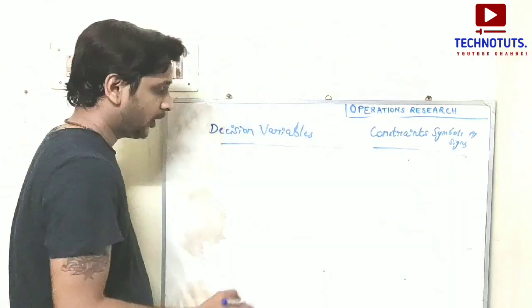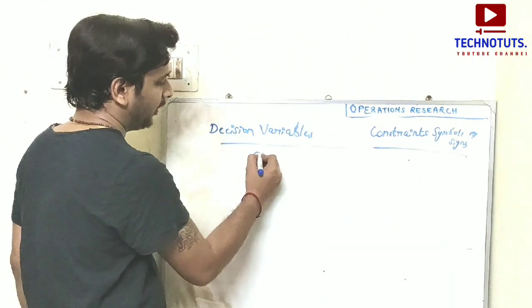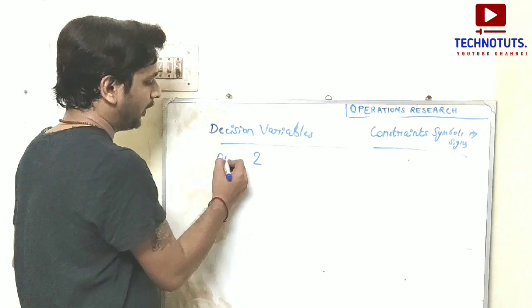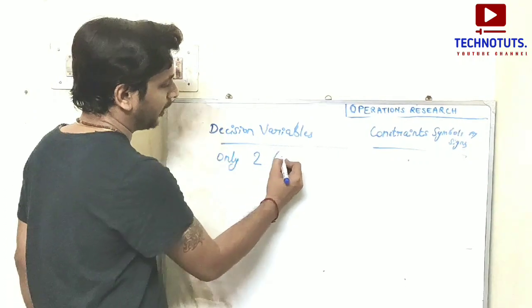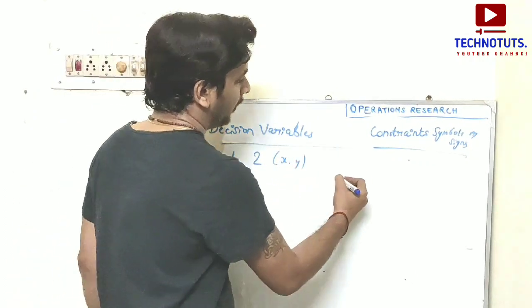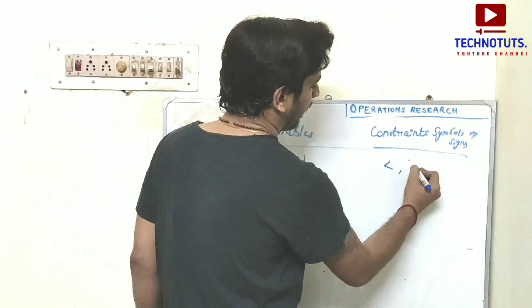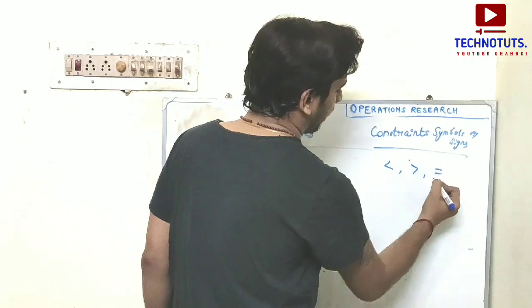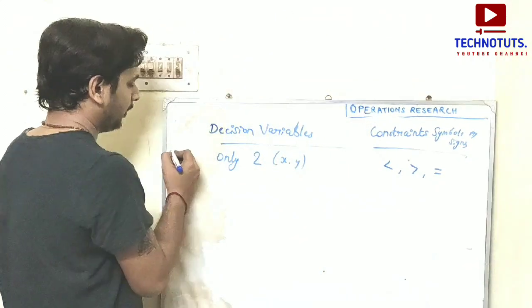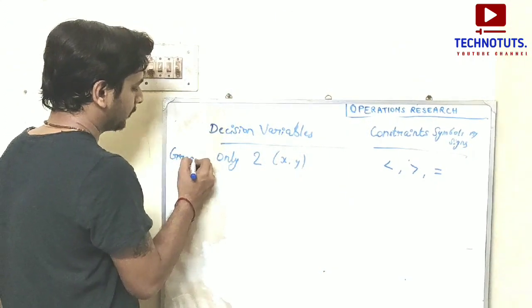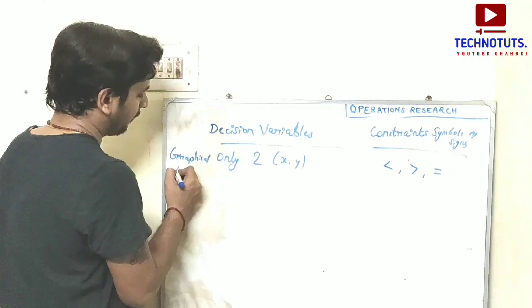When the decision variables are only two, say x and y, and the constraint signs may be less than, greater than, or equal to, then you will apply the graphical method.